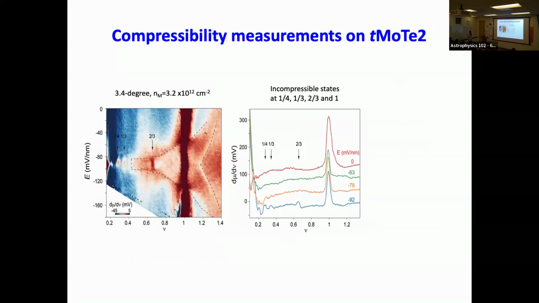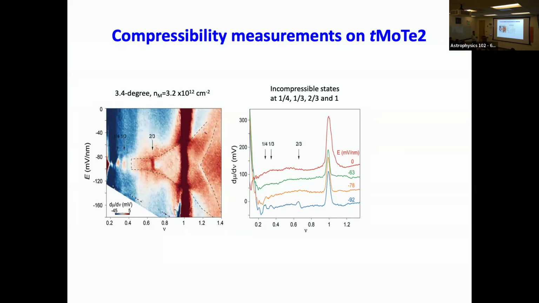So this is a map of the incompressibility, the chemical potential over the filling factor, nu. As a function of electric field and filling factor, it starts to look something like the phase diagram I told you before. This region here, the small electric field region, is where the bands are topologically non-trivial.